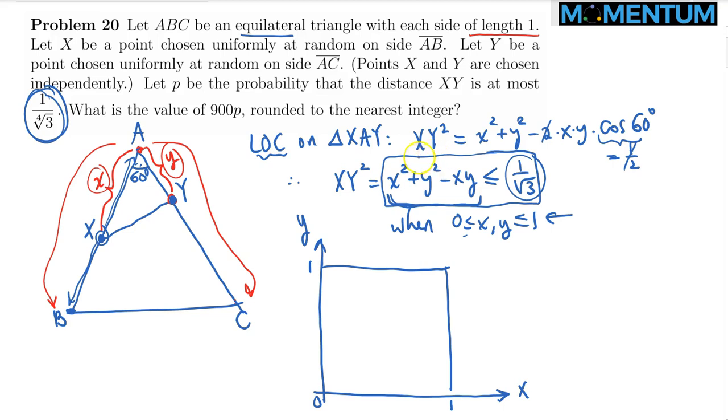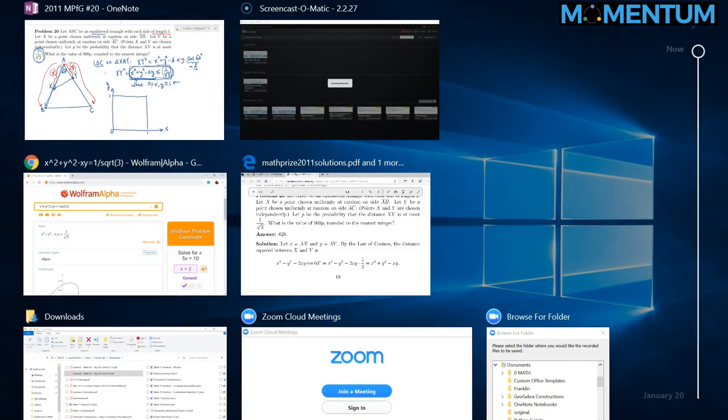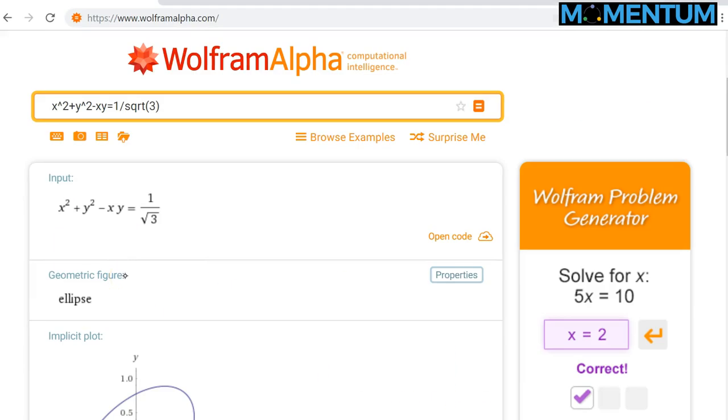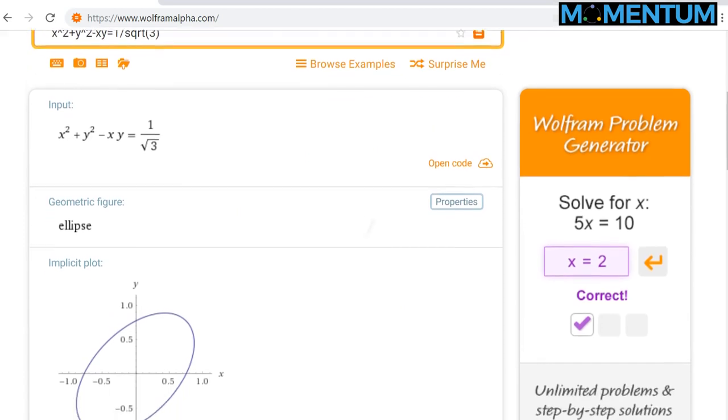And now we need a sketch of this curve. What would that be? This would be the topic of intermediate algebra, and if you have the AoPS series, I think it should be volume 2. What I did is I cheated and ran Wolfram Alpha to give me some clue about what it could be.